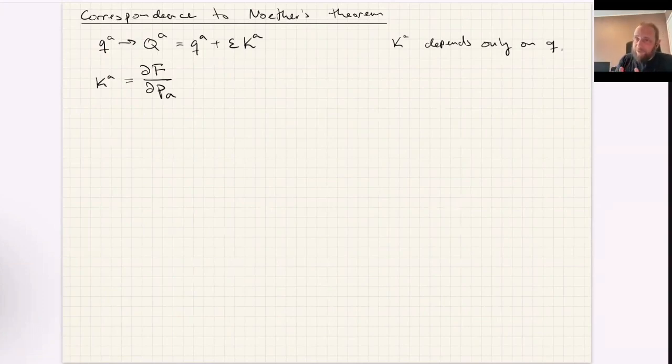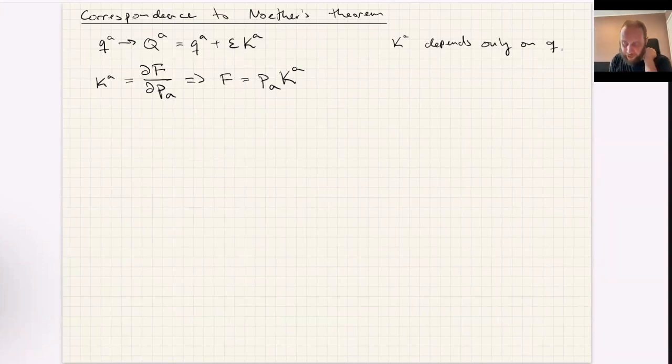But K^A itself does not depend on p. So for this to be the case, my f must be equal to p_A times K^A. Because if I take the derivative with respect to p_A, I get K^A out, because K^A does not depend on the p's. I can of course add an integration constant as well, but that's not going to do anything.